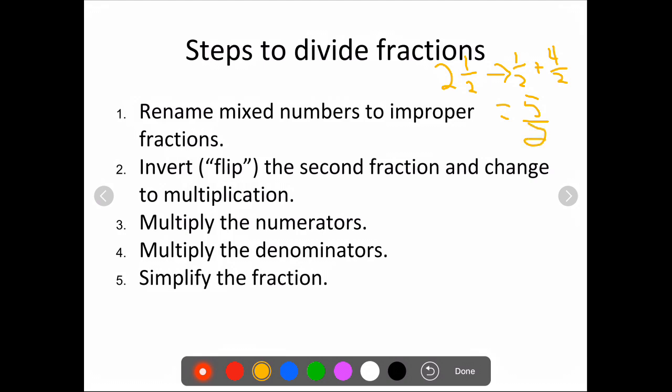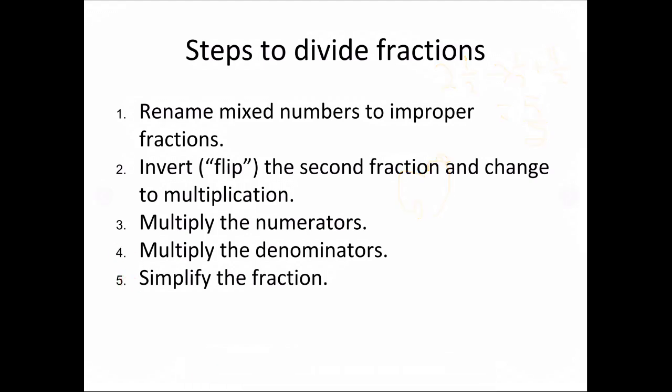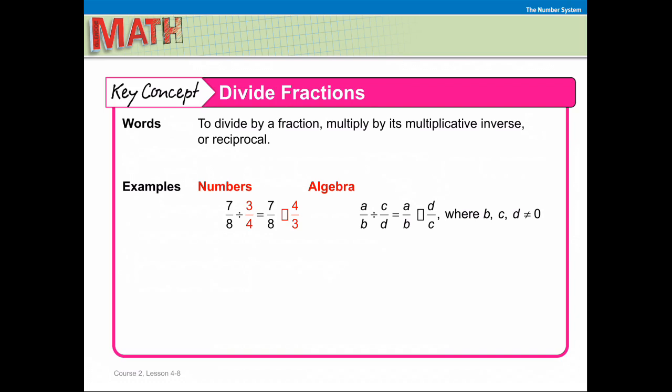And our second step is to flip the second fraction. The top becomes the bottom and the bottom becomes the top. Then we're going to multiply. We multiply the numerators, multiply the denominators, and simplify the fraction, just like we did before.